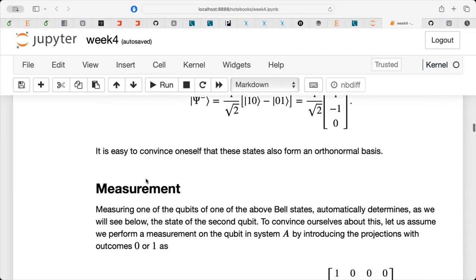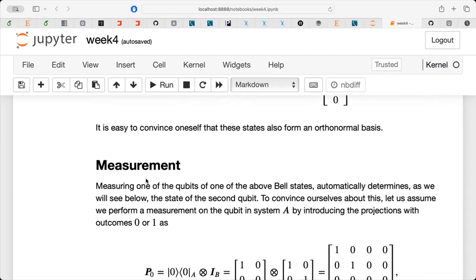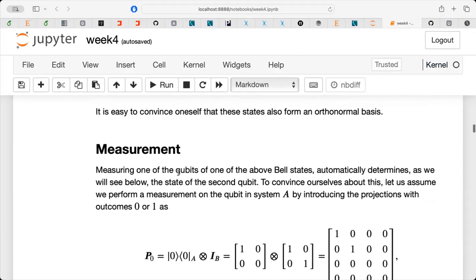Now, the measurements, which we also discussed last week, I wanted to remind you of that. When we measure, and this is one of the interesting properties of these specific states, when you measure one of the qubits of any of these Bell states, that automatically gives you the state of the second qubit.